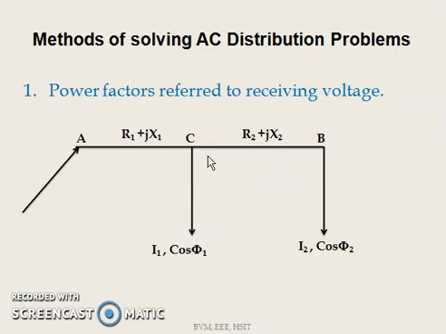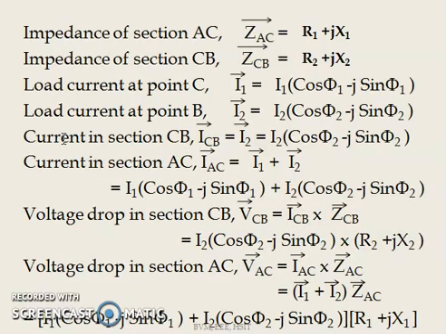The current in section CB is only I2, whereas the current in section AC is I1 plus I2. So the load current in section AC, IAC, is I1 plus I2, and the current in section CB, ICB, is nothing but I2.